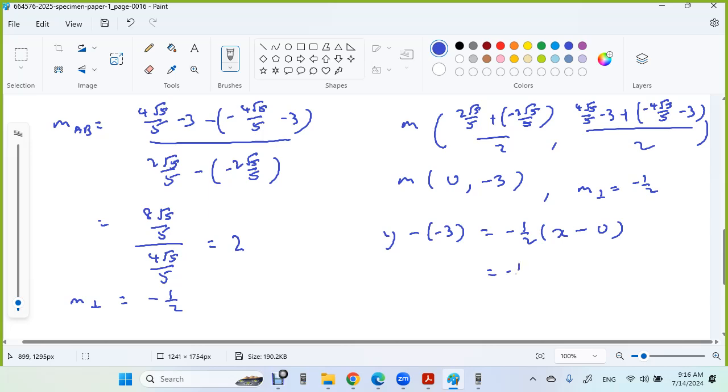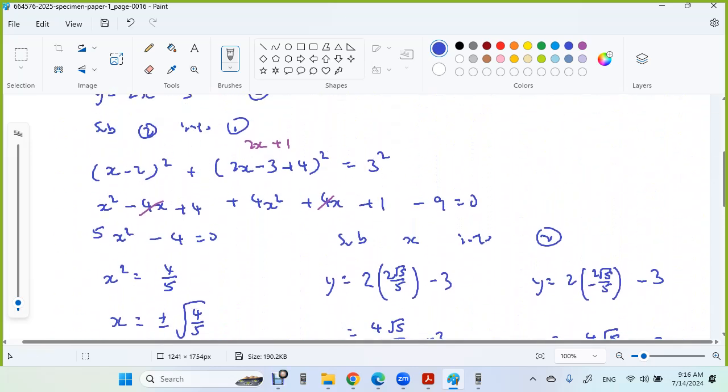So we have y equals negative half x minus 3. Actually, this one is c. So y equals mx plus c, negative half x minus 3. Okay, so this will be equation number 3.